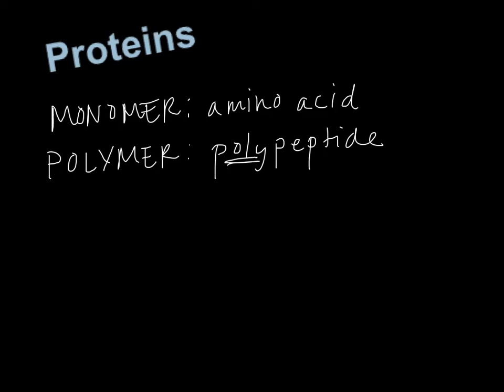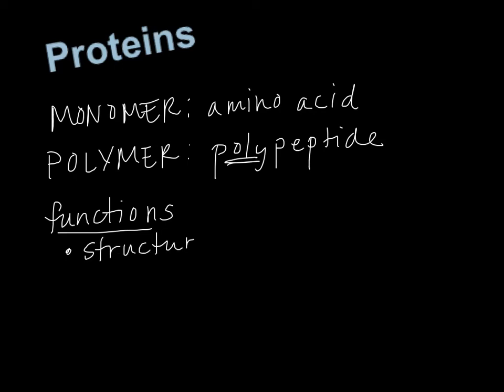Now the functions of proteins are pretty diverse, and we will go through a lot of these as we cover different units further in this class. But for now, I'm just going to touch on them, and then when we come back to them later, it'll make more sense. So one of the main functions of a protein is to build structures. So your hair is made out of protein, your muscle is made out of protein.